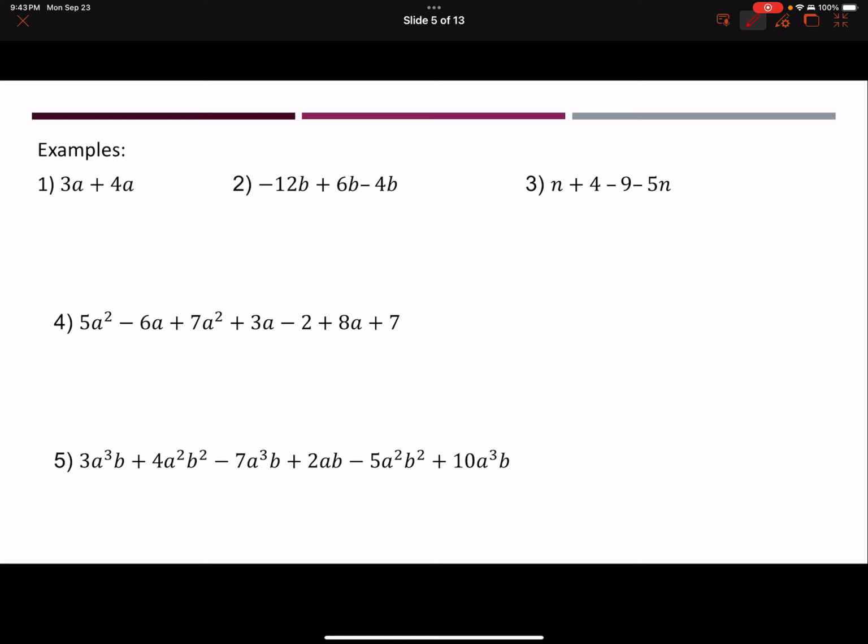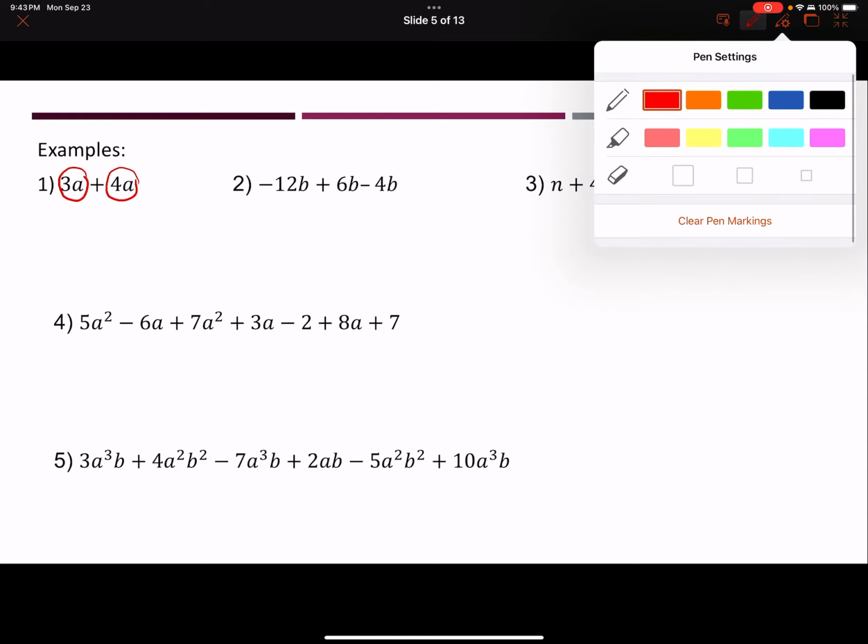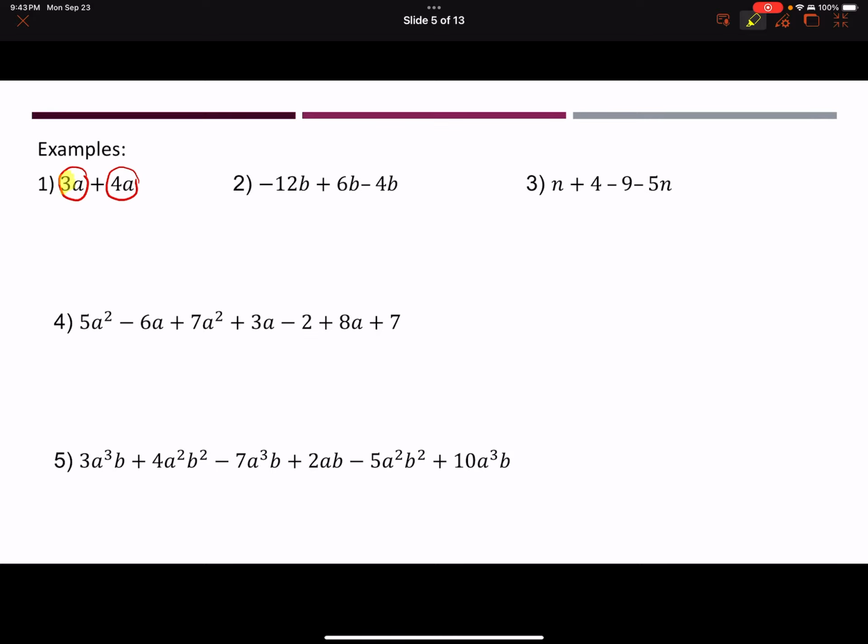All right, let's try some examples. Number 1, we're identifying like terms. So like terms, same variables, same exponents. So I have like a 3a and a 4a. Those are both like terms actually. Now to combine like terms, remember we said we're going to just add the coefficients. So the coefficients are the numbers in front of the variables.